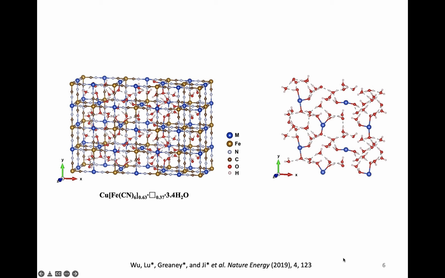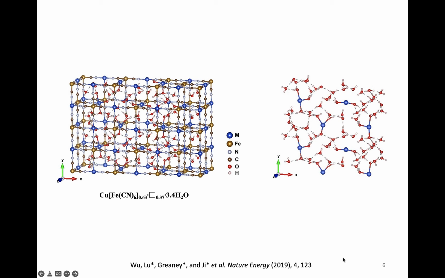Is it possible to have the Grotthuss mechanism in a solid? The premise is that there needs to be a continuous hydrogen bonding network in the lattice of the solids. Therefore, attention should be given to hydrated materials.